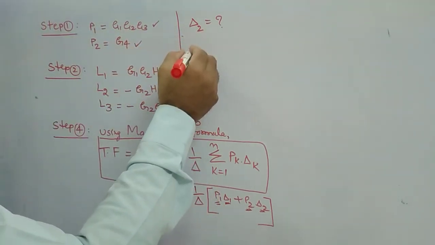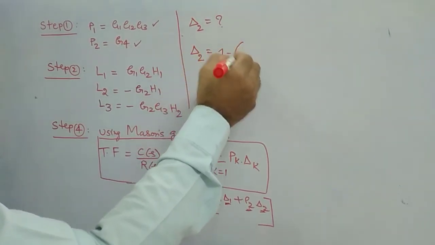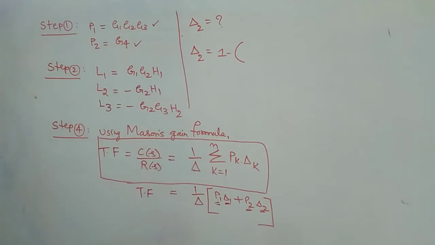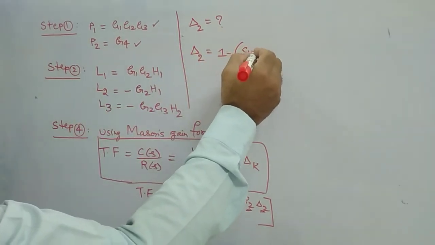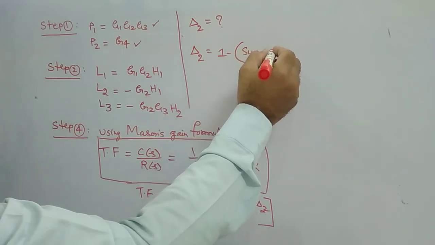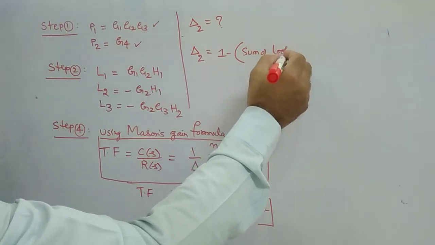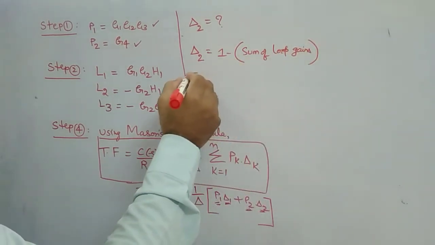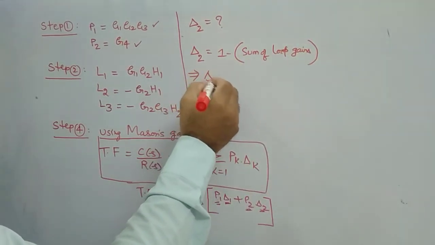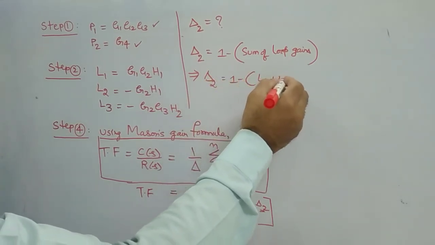In this case, delta 2 is equal to 1 minus the sum of loop gains. This implies delta 2 is equal to 1 minus (L1 plus L2 plus L3).